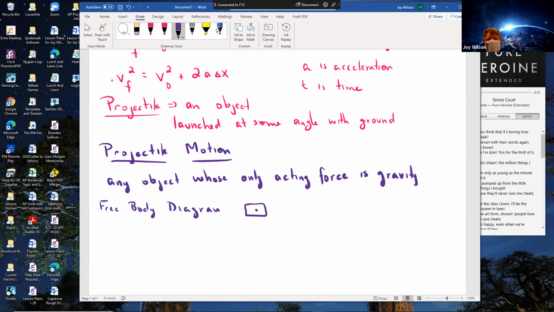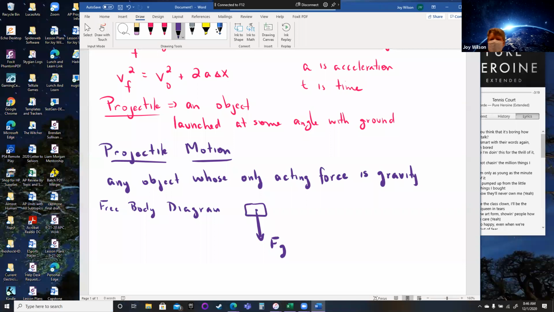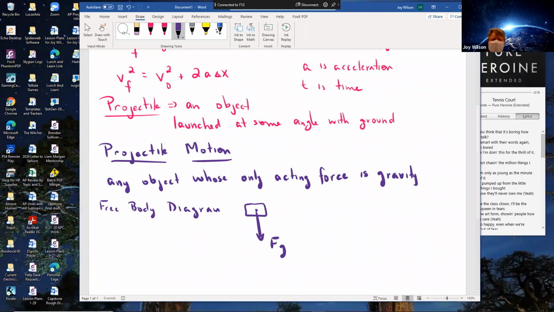Something with gravity down. That's it. That's a projectile. And I know some of you are thinking right now, but Miss Wilson, isn't it also a projectile if there's air resistance? And the answer there is not in this class. Not in this class.